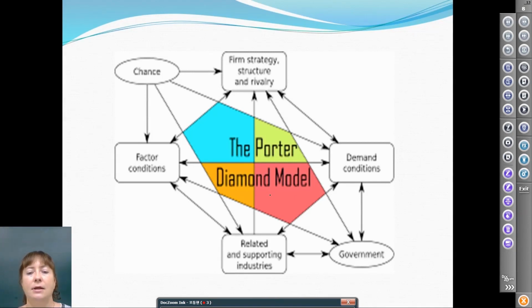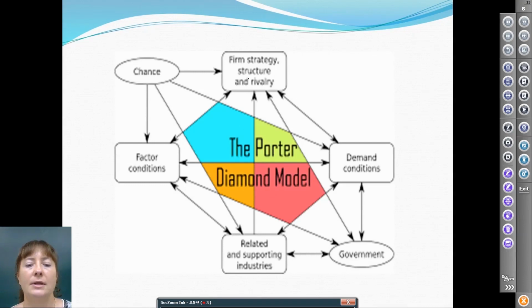He tells us that we have 5 forces in the global environment which may affect our strategy. For high-tech industries and high-tech companies, this approach is very useful. That's why we have to investigate these 5 areas.